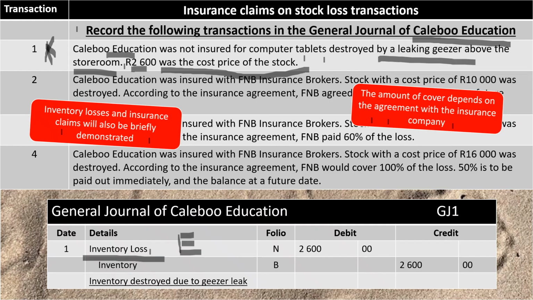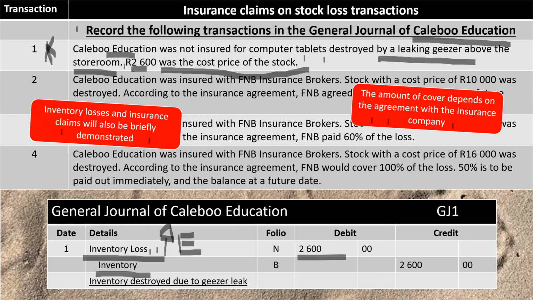I've seen that before. But the important thing is that the account is treated as an expense. A stock loss or inventory loss is an increase in expense. Therefore, the account will be debited. Inventory is credited as the value of our stock has decreased by the amount of the stock that was destroyed by the leaking geyser.